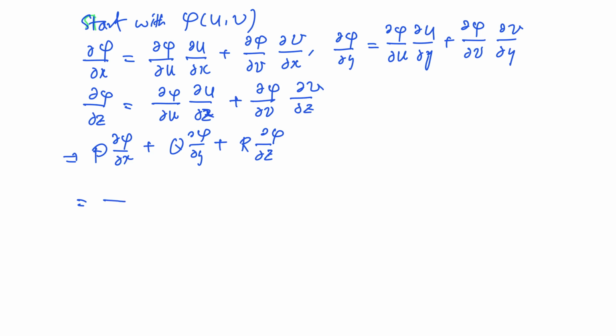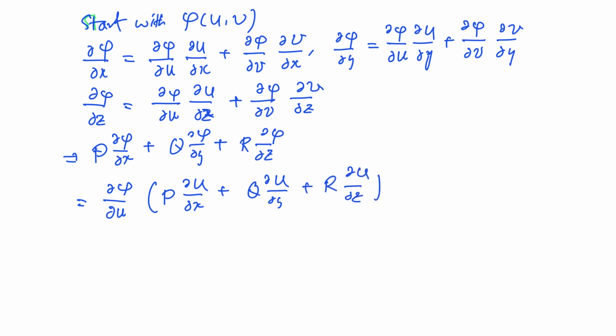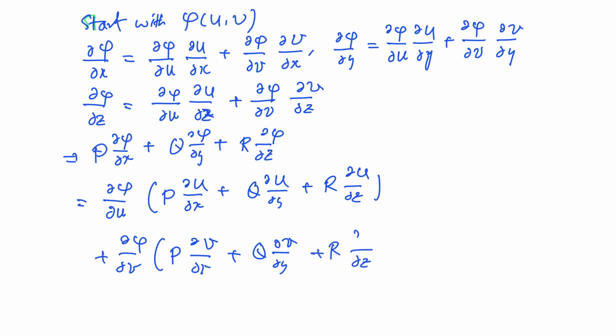It's actually ∂phi/∂u times (P ∂u/∂x plus Q ∂u/∂y plus R ∂u/∂z), plus ∂phi/∂v times (P ∂v/∂x plus Q ∂v/∂y plus R ∂v/∂z), right? You just take a derivative.